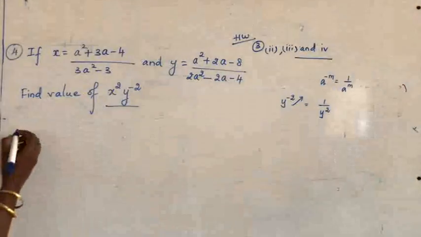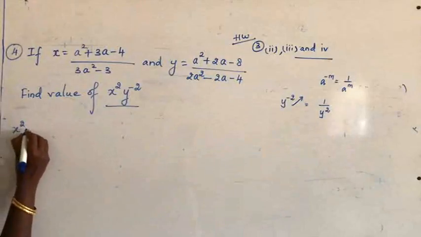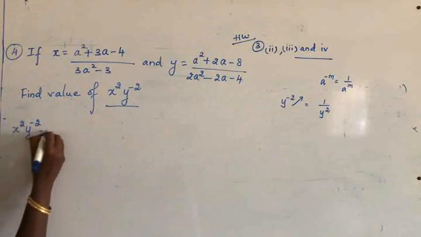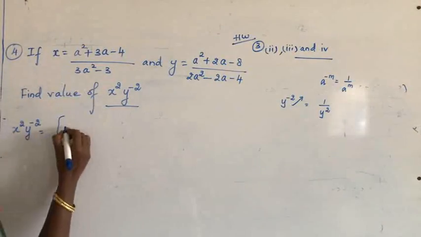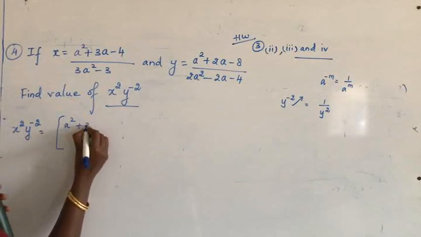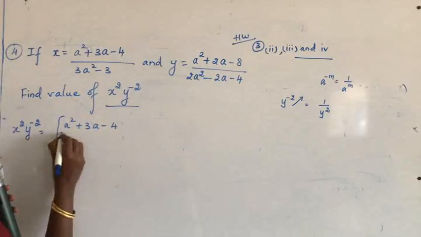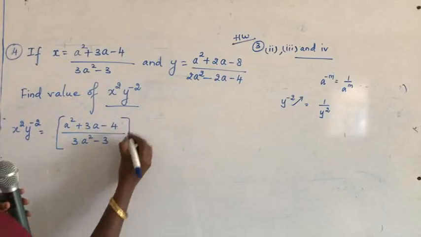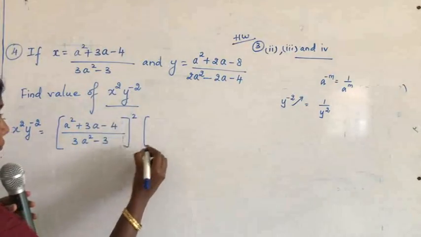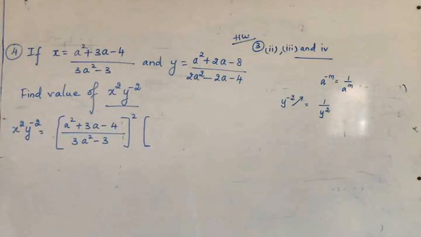So x square y raised to minus 2 becomes x square, so I'll write the value of x. It's a square plus 3a minus 4 upon 3a square minus 3 the whole square into y raised to minus 2.